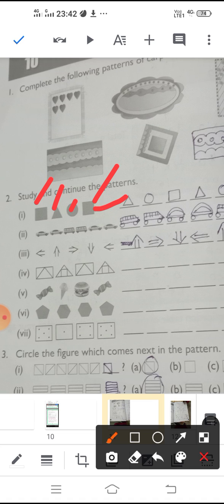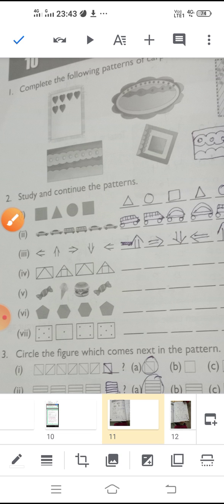Triangle will come, then after triangle circle will come, then again after circle square will come. So the same pattern you have to continue. Understood?